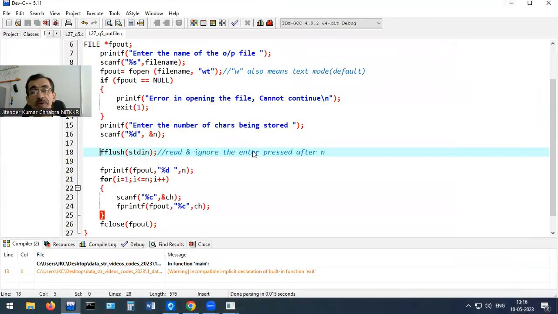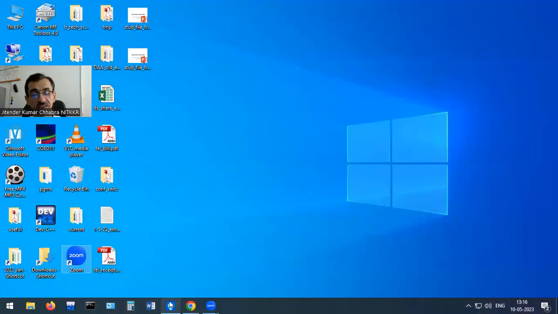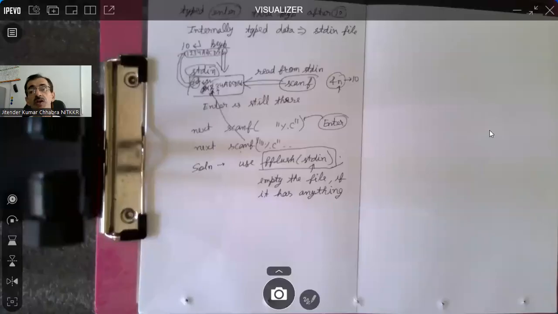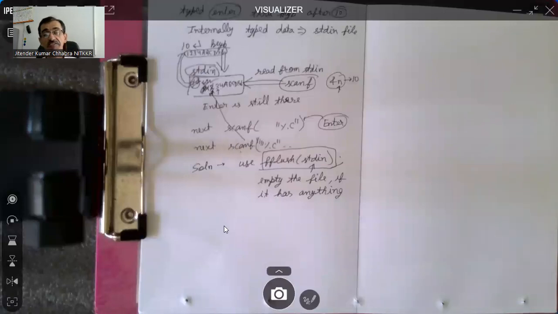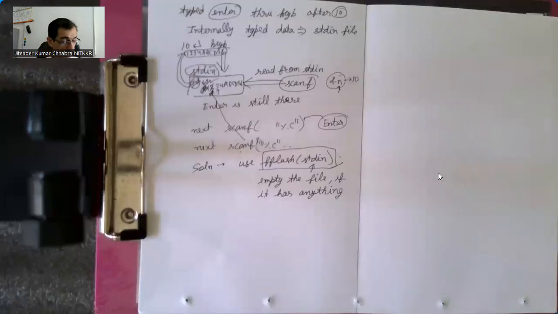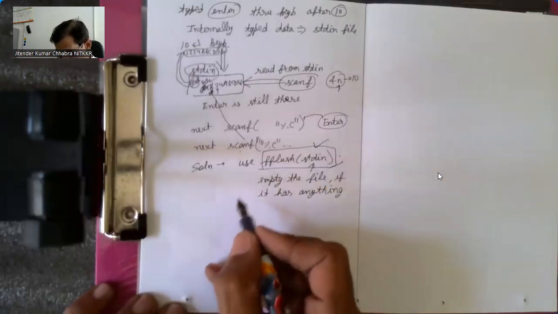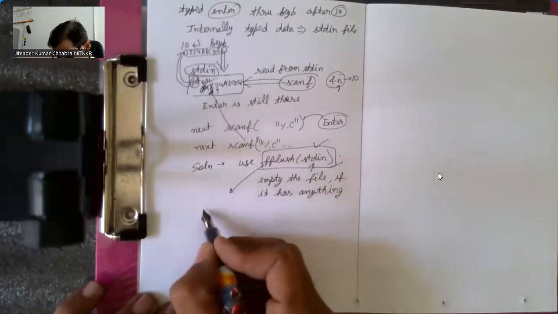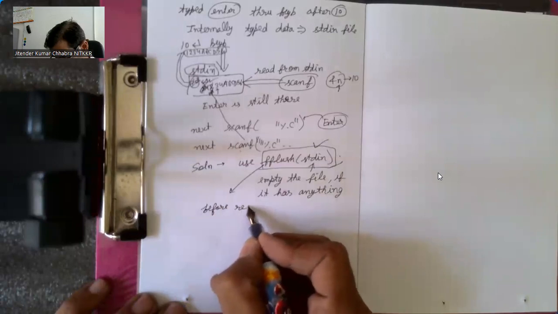So I think I can stop here now, and we will resume today's further discussions. So fscanf and fprintf you are able to use, and fflush is another new command which you have learned today. Before reading a character data type, this command could be quite useful.